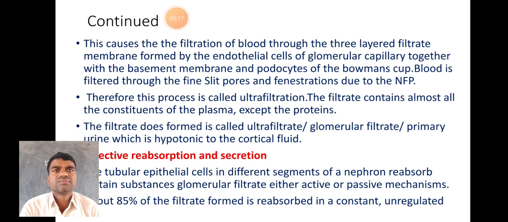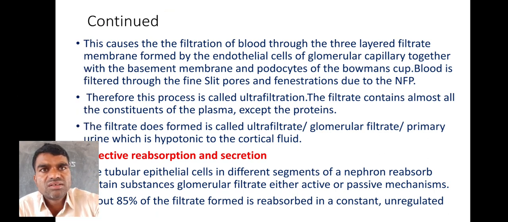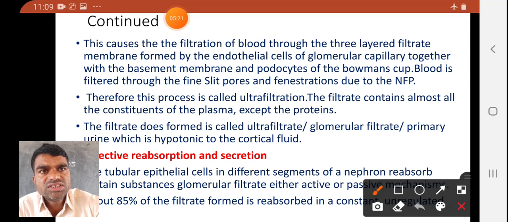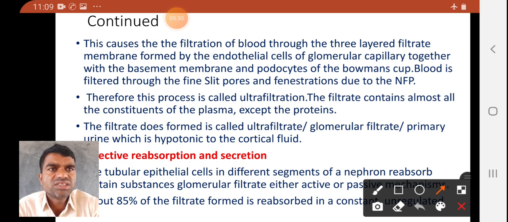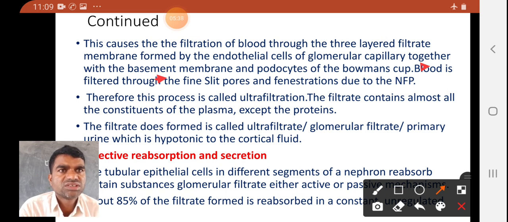This causes the filtration of blood through the three-layered filtration membrane formed by the endothelial cells of the glomerular capillary together with the basement membrane and podocytes of the Bowman's cup. Blood is filtered through the fine slit pores and fenestrations due to NFP.